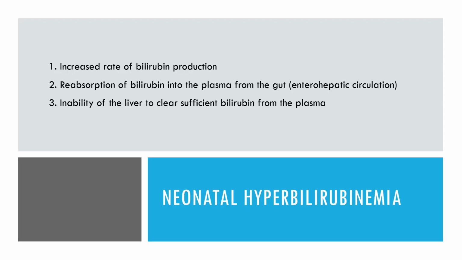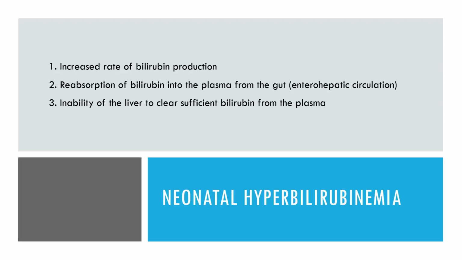We're going to talk about the most common ones. And I just wanted you to keep in mind these three concepts again. These are the general events in the body that cause hyperbilirubinemia. You've got an increased rate of production, so it's being produced too fast.